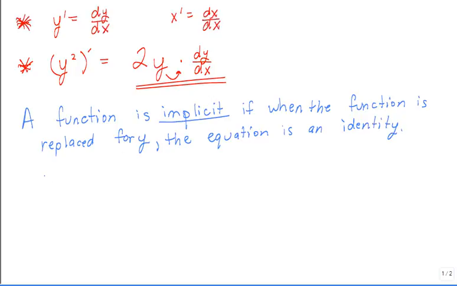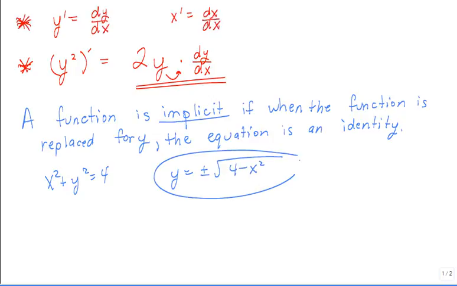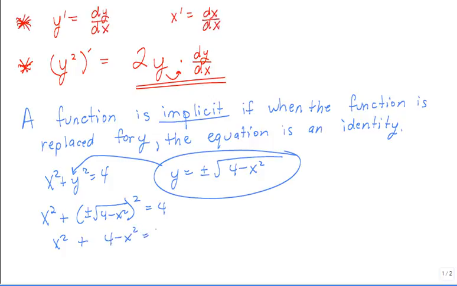So, for an example, you have x squared plus y squared equals 4. We have y equal plus or minus the square root of 4 minus x squared. And if we take that and plug that in here, we get x squared plus 4 minus x squared equals 4.